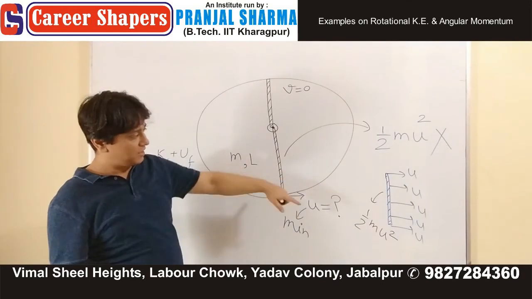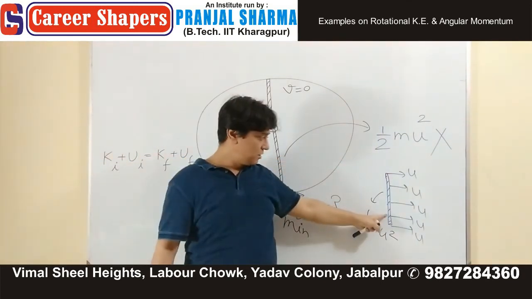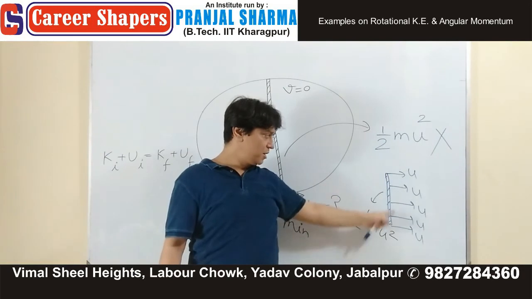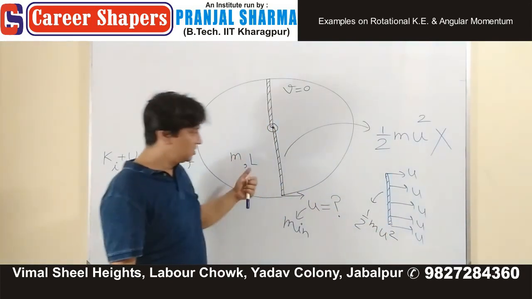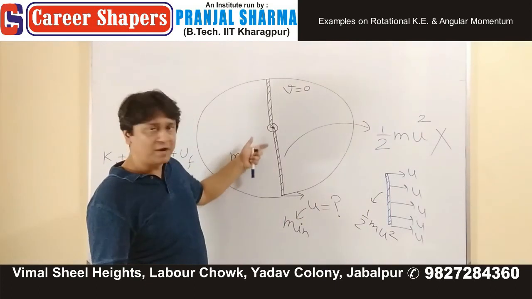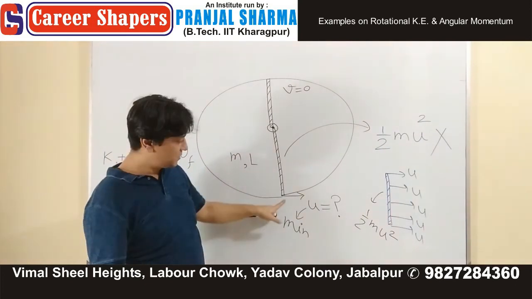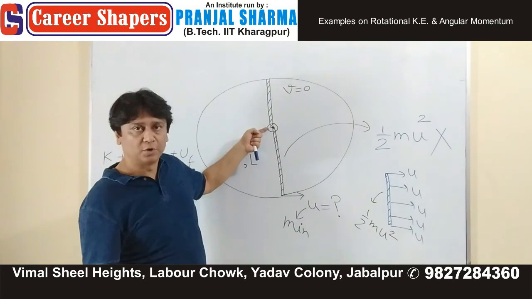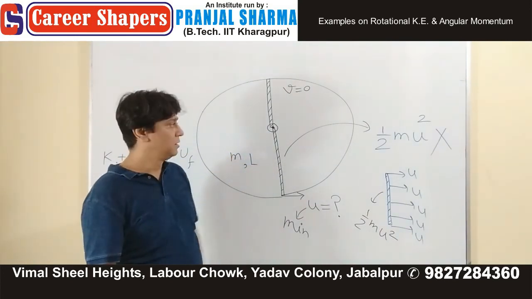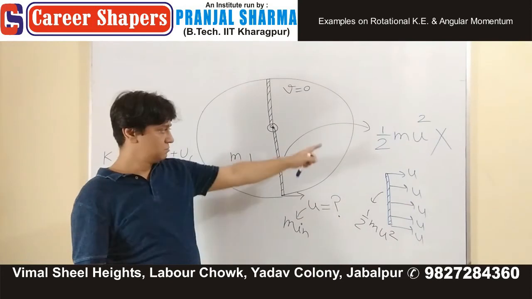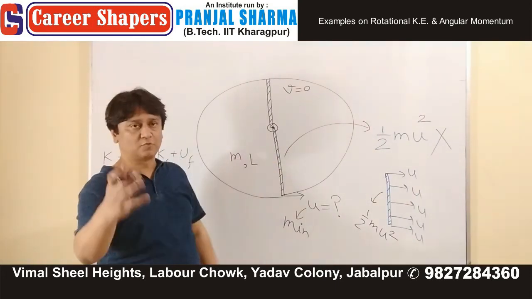Write down everything. Draw this figure. Mention this. Every part is moving with u. Yes, we can use half mu square. But in this question, not each and every part is moving with u, only the last part. This is moving with 0. अलग अलग point, अलग अलग speed से move कर रहे हैं. And therefore, half mu square is not valid.